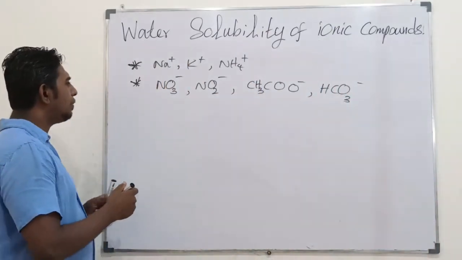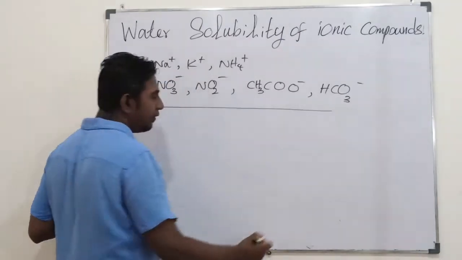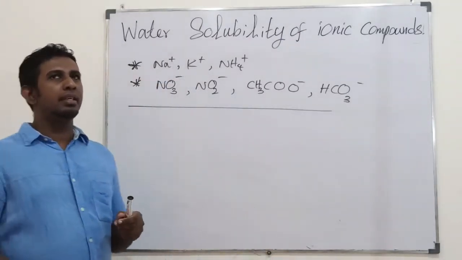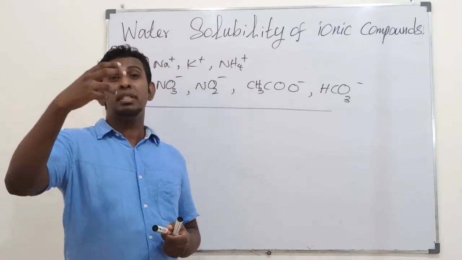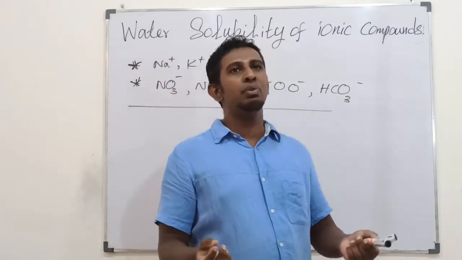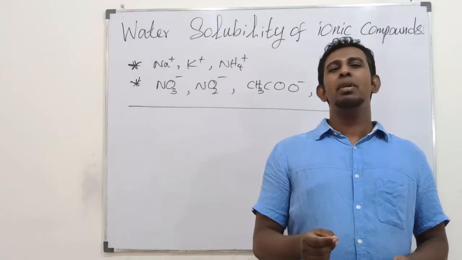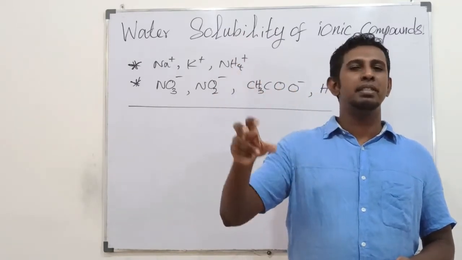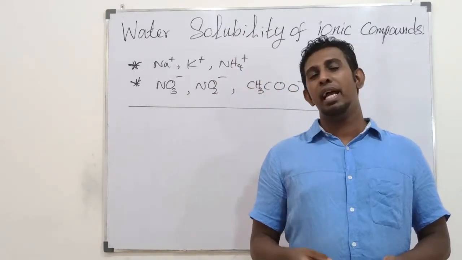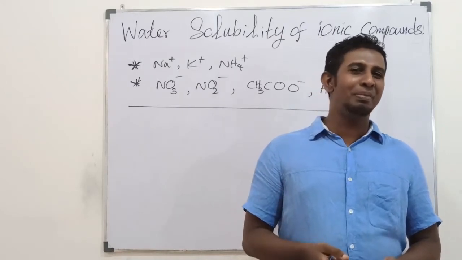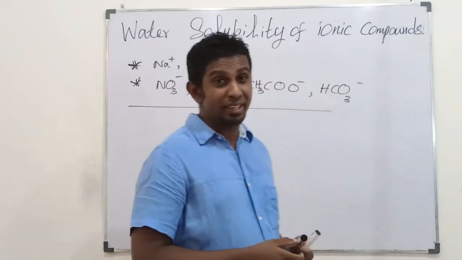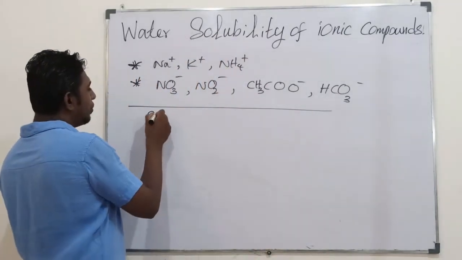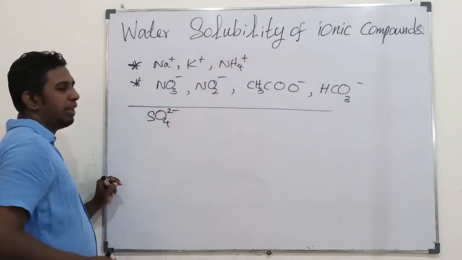And when you check for some other ions, you could find some anions where most of those substances would be water soluble, but only a limited number of substances could be found as water insoluble. When you talk about sulfates, it happens like that. Students, water solubility of sulfates.